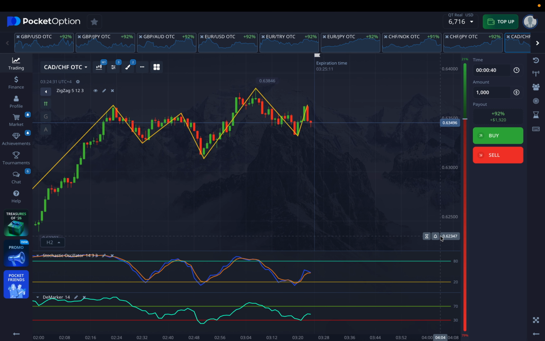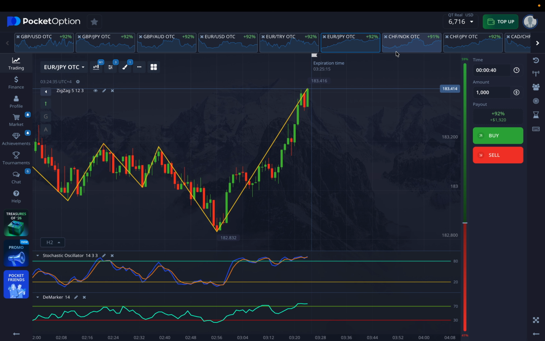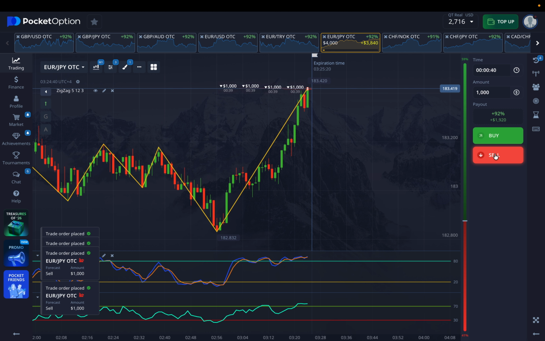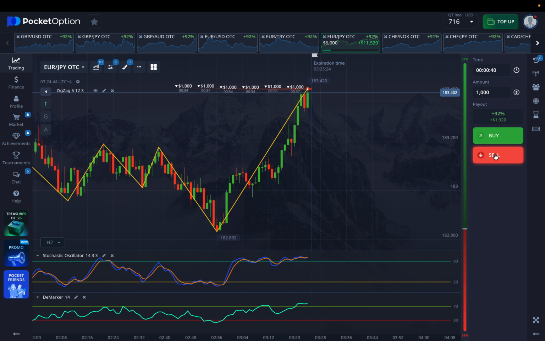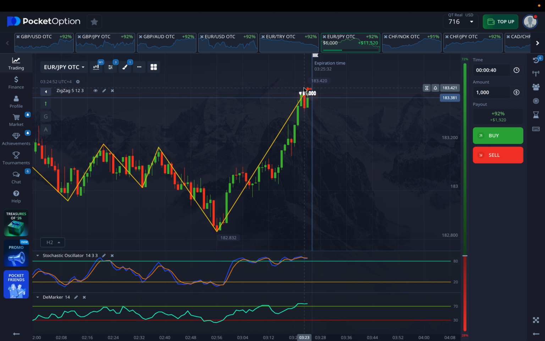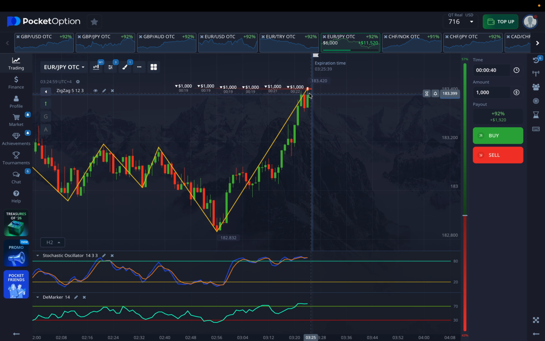All right, guys. So I am continuously looking for the best opportunities, and right here, I am trying my luck to prove that rejections are real even in the binary options market. Now, as you see right here, I try to take a trade on what could seem like a very risky movement or entry position to a lot of people.